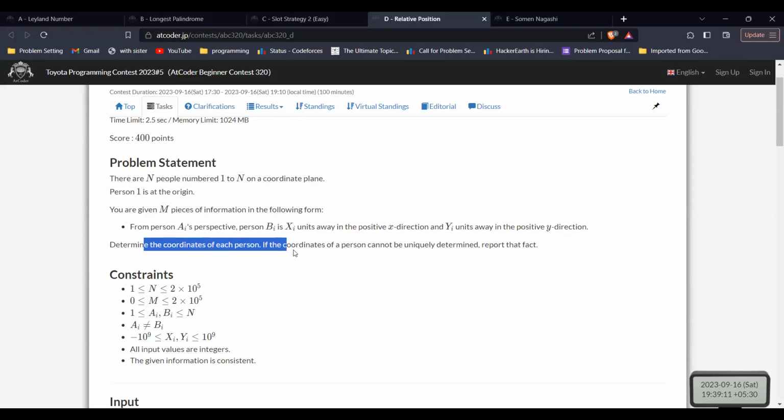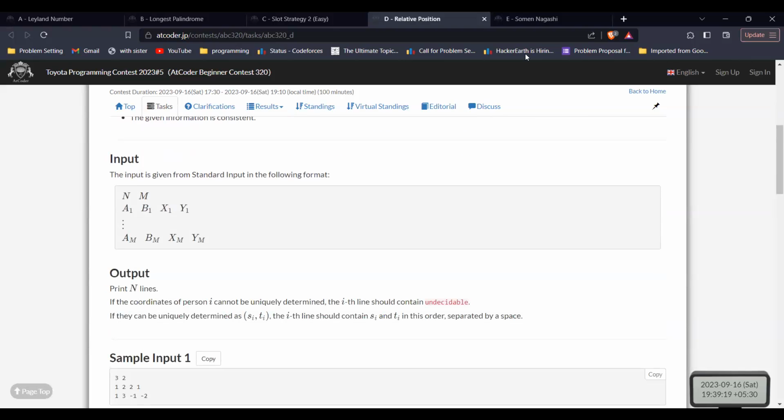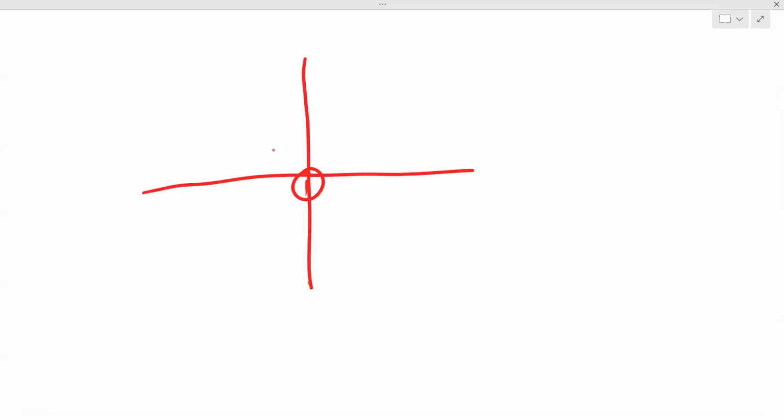And if we are not able to determine the coordinate of a person uniquely, then we need to report it as undefined. So first of all, we are given that person 1 is at 0, 0. This is the origin. Let's say he or she is here.